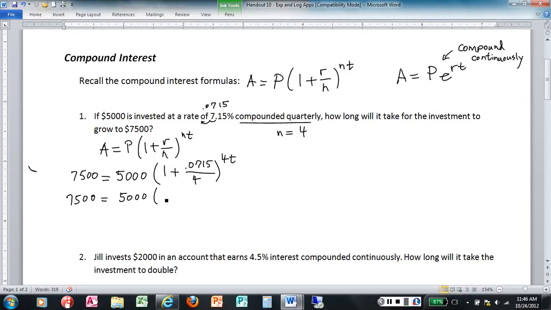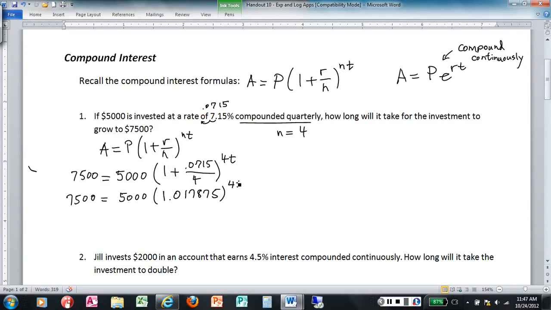That's going to give us a long decimal, 0.017875. But I don't want to round off. If you round off too much before you get to the end, it'll mess you up. So I'm going to leave that and add that to 1, so that'd be 1.017875 to the 4t. So the parentheses there is that.